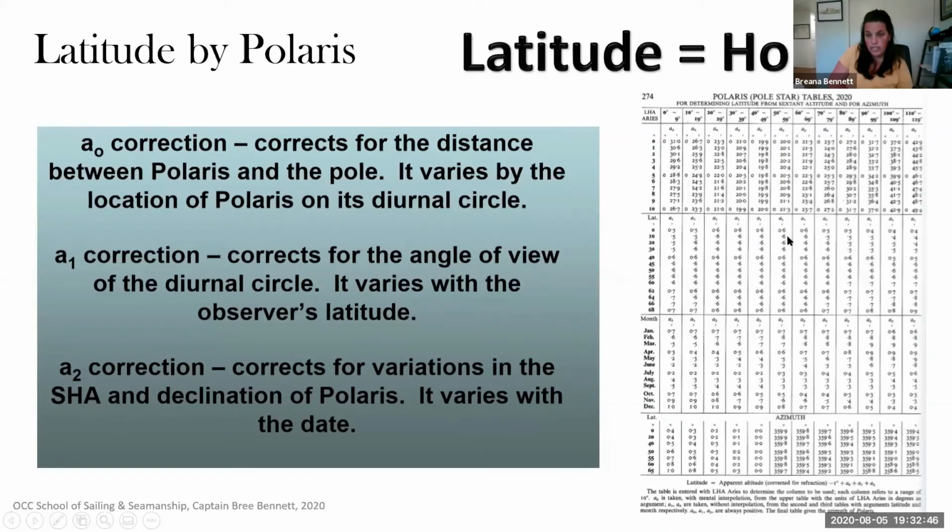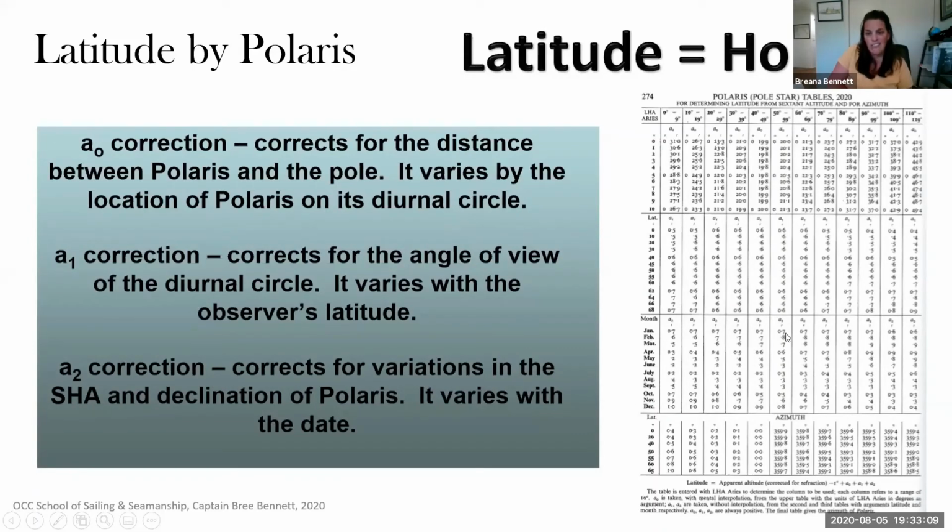For A1, we go in with our latitude. That corrects for the angle of view of the diurnal circle, which varies depending on the observer's latitude. A2 is the correction for variations in SHA and the declination of Polaris, which varies with date.